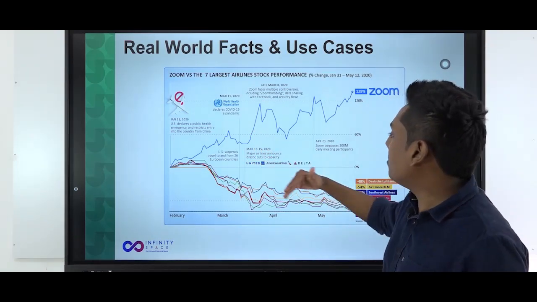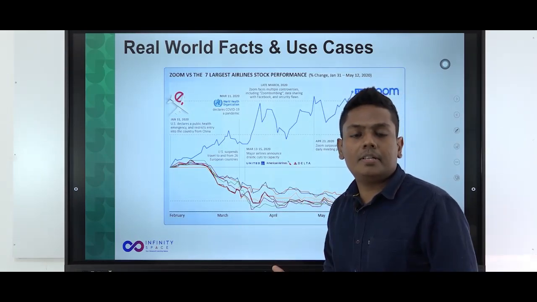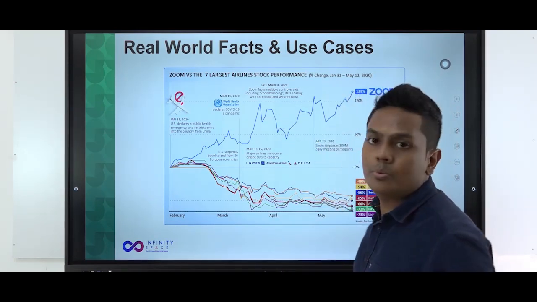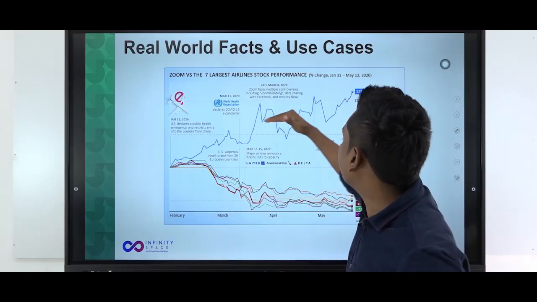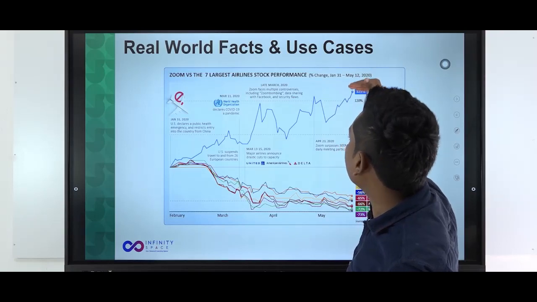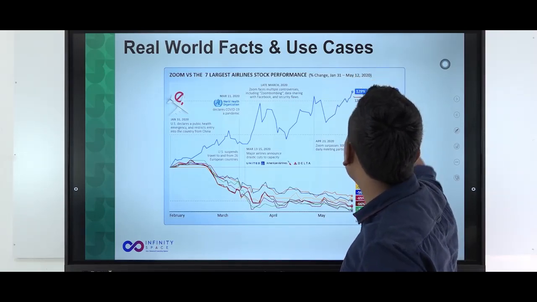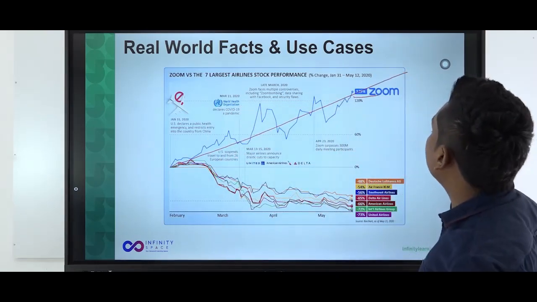So all these meetings and all these classes or tuitions or whatever went through the Zoom app. That is how the Zoom app became much more popular, and their stock performance reached 129%.